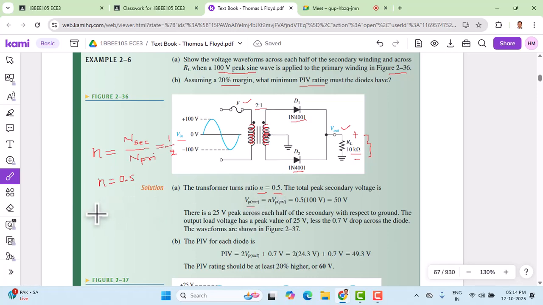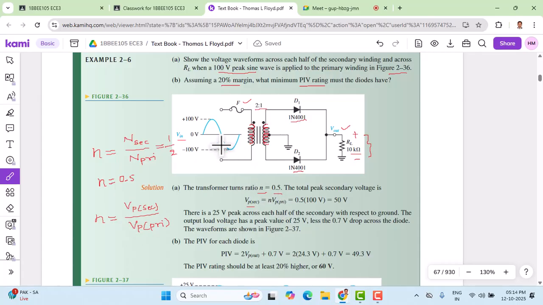This relation between the voltages is also related to the number of turns. The formula is n equals Vp of secondary divided by Vp of primary. Using this formula, we can cross multiply to get the Vp secondary. So Vp secondary is nothing but n times the Vp primary.